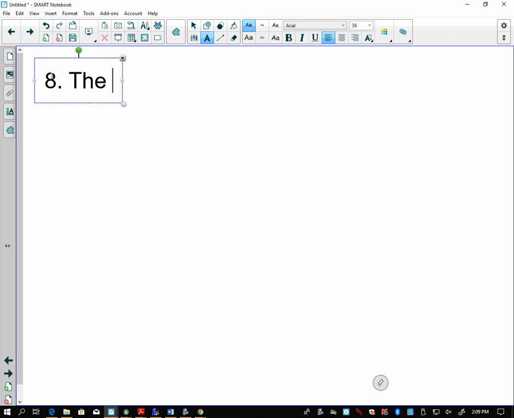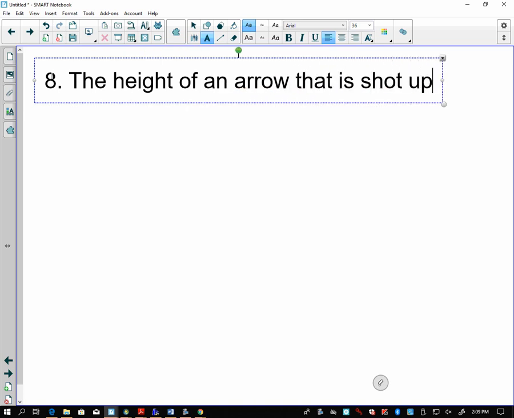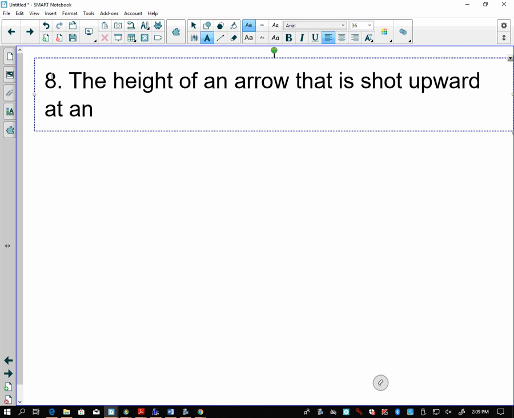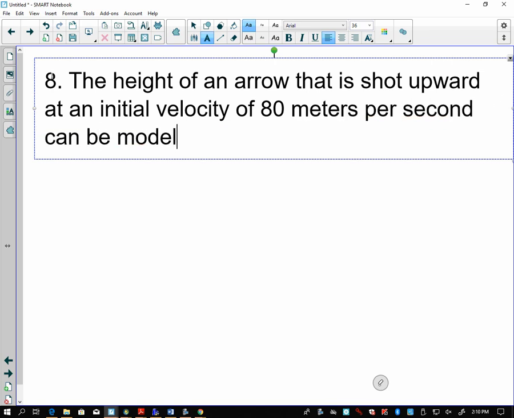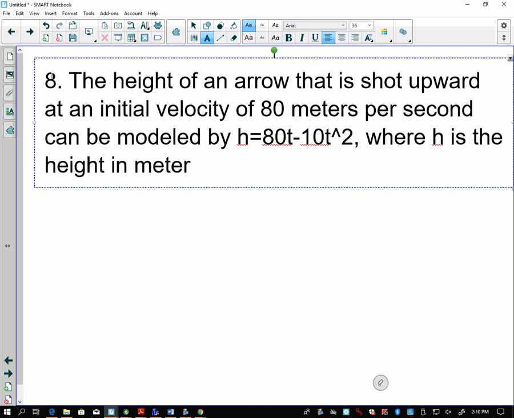Okay, the height of an arrow that is shot upward at an initial velocity of, let's say, 80 meters per second can be modeled by h equals 80t minus 10t squared, where h is the height in meters and t is the time in seconds.